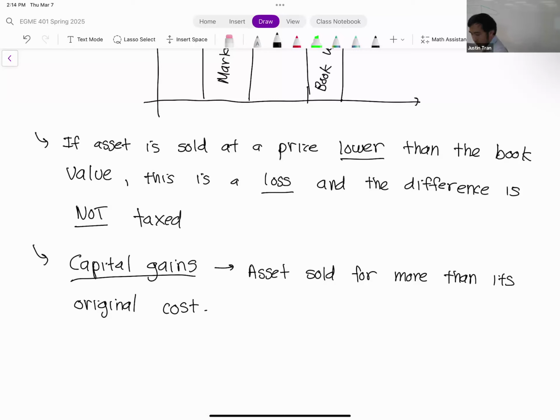Okay. And so in this case, this would be an asset that doesn't depreciate at all. So this would be something that gained value over time. Okay. All right, and of course, just like ordinary gains, these capital gains are also taxed, but they may be taxed at a different rate. And so it's good to differentiate these.